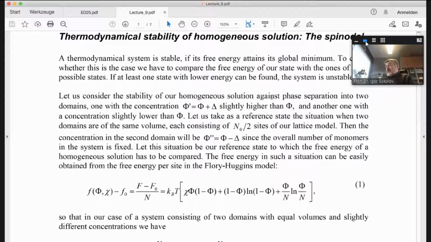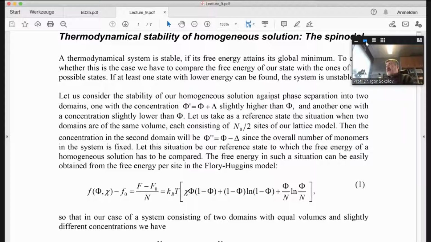Now in thermodynamics, there is a theorem, and this is the Gibbs phase rule. So you have a two-component system, and then essentially it can have two phases of the same aggregate state, which means they can be two solutions, and they might phase separate.